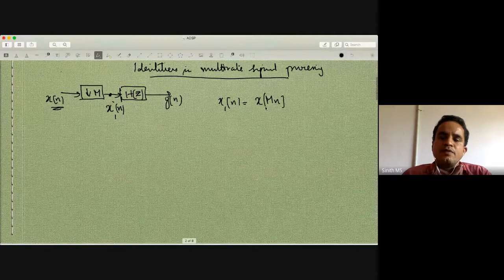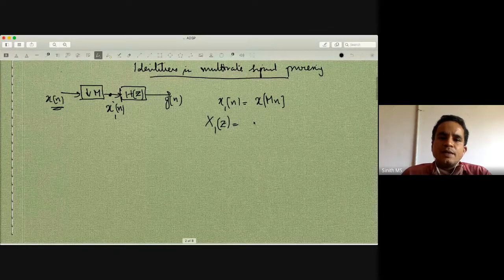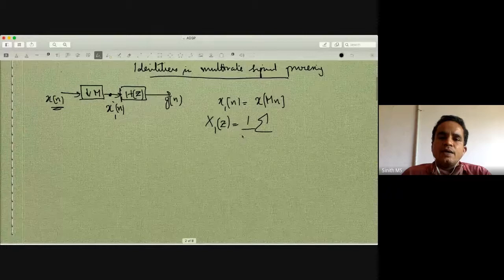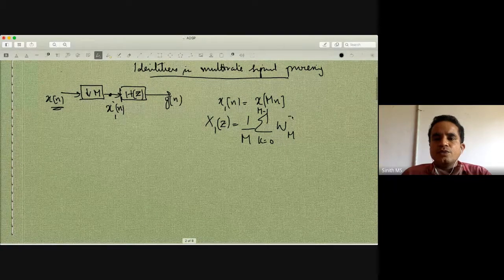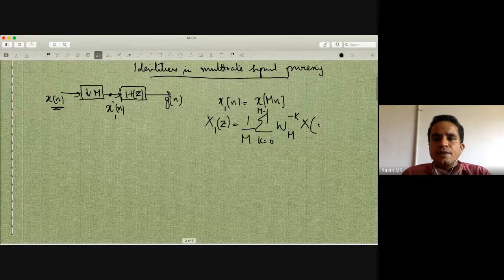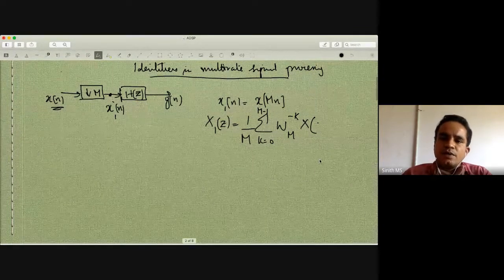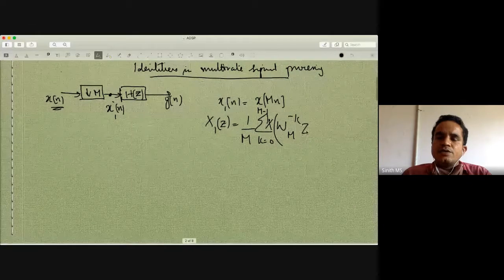In the frequency domain representation, capital X1(z), the transform of the signal x1(n), will be 1 by m, summation k equal to 0 to m minus 1, capital X of W_m raised to minus k z raised to 1 by m.